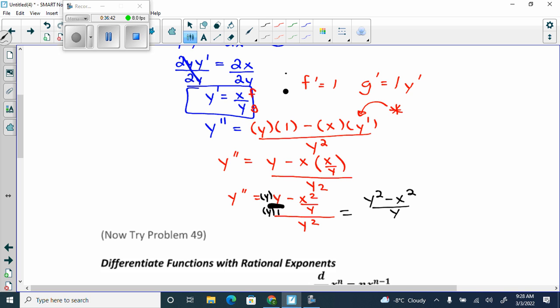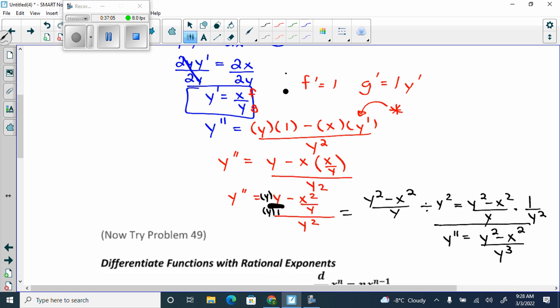So I'm going to write it as y squared minus x squared over y, which is the numerator, divided by y squared, which is y squared minus x squared over y times 1 over y squared. So what do we actually get? Y squared minus x squared over y cubed. And that's the answer they're going to have.